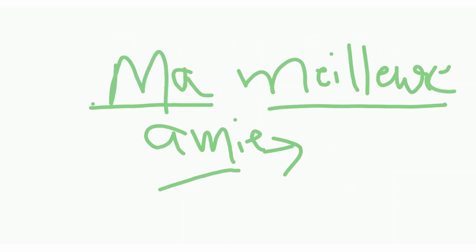When I was introducing myself in French, I said je m'appelle. But when you're introducing your friend, you will say s'appelle, not m'appelle. Ma meilleure amie s'appelle, and your friend's name, whatever you want to say.